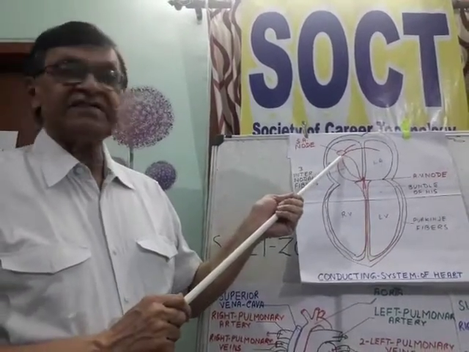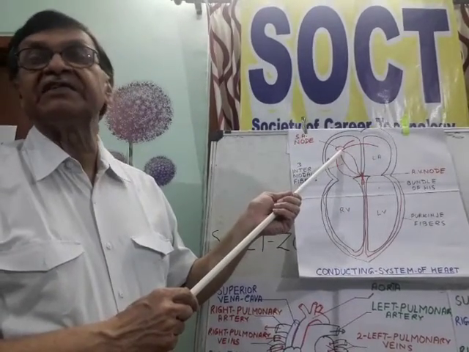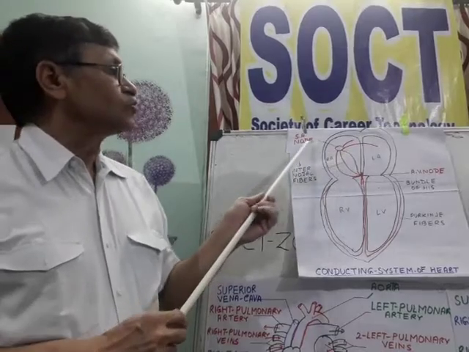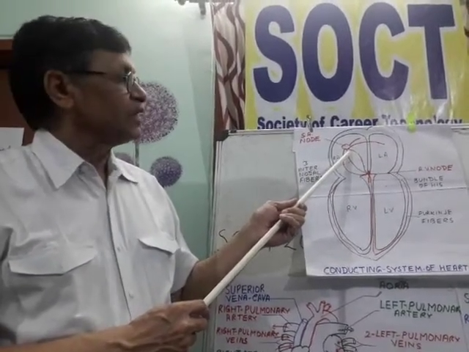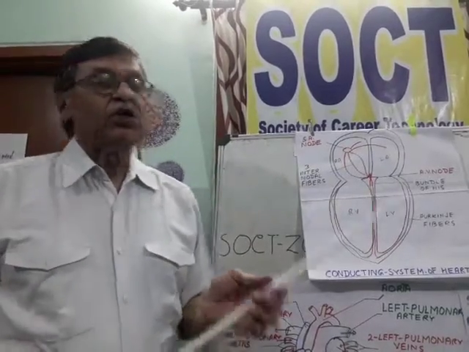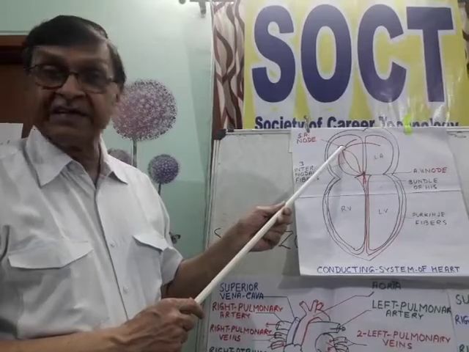One is called the SA node, which is situated in the right atrium near the sinoatrial aperture, so it is called the sinoatrial node. A very interesting fact is that, first of all, it sends a message to both atria.